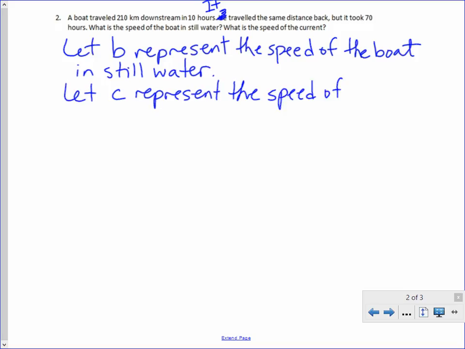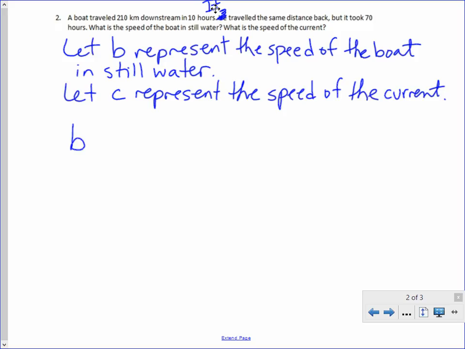Okay guys, we're writing out our let statements. Let B represent the speed of the boat in still water, and let C represent the speed of the current. The left side is going to be the same for any of these types of boat current questions. You have the boat speed as fixed.